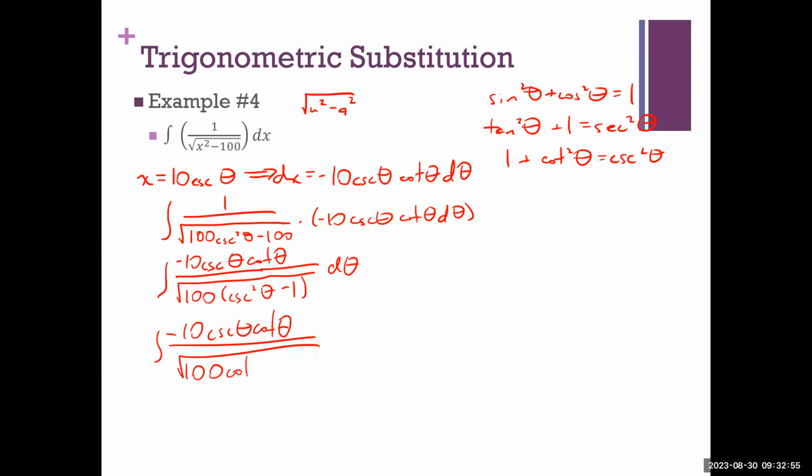Cotangent squared. And that becomes -10 cosecant theta cotangent theta over 10 cotangent theta d theta.